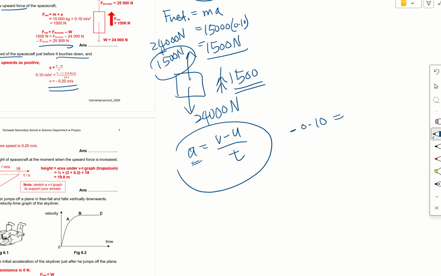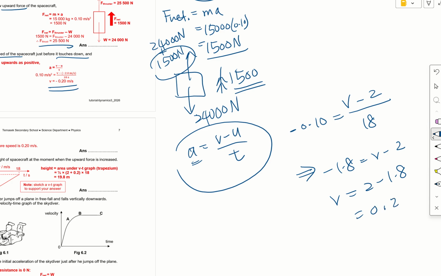Now, the v is the final speed, which we don't know. The u is the initial speed, I think is 2. And t is 18, right? So you will get minus 1.8 equals v minus 2. So v will then be equal to 2 minus 1.8.